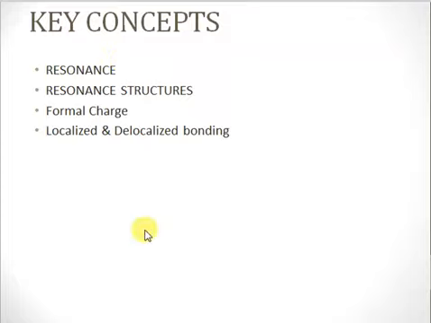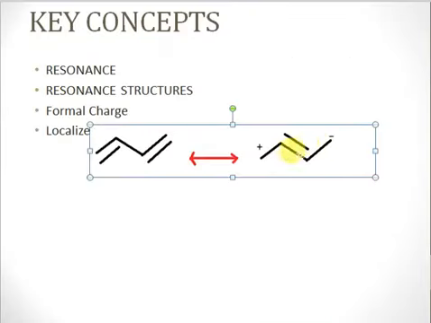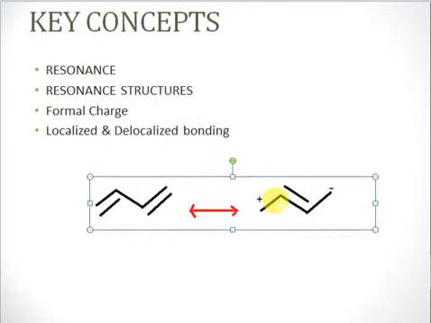Just as a simple example, suppose we have this structure, and we'll see what we mean by resonance, or by a conjugated system. The system we are considering here is butadiene.